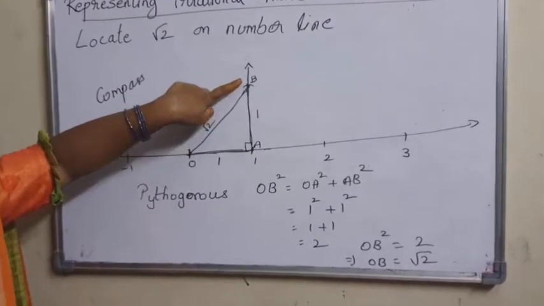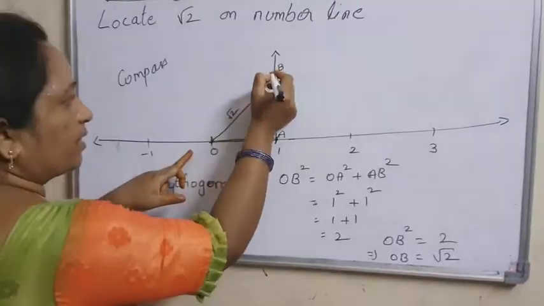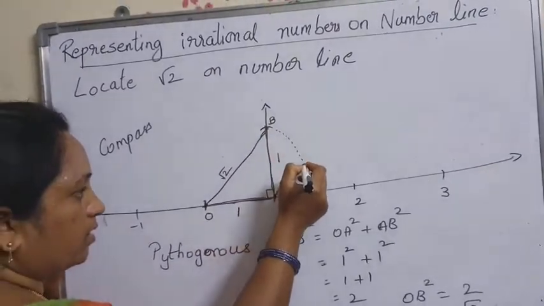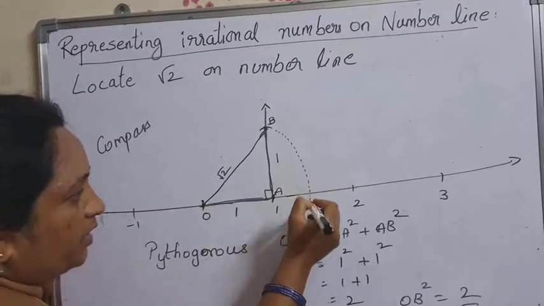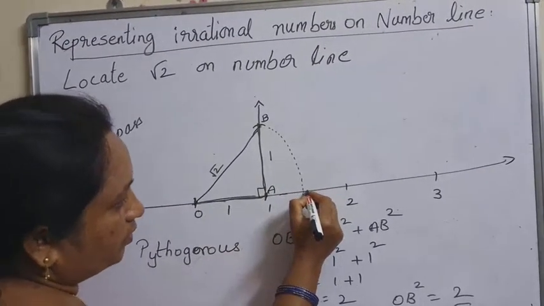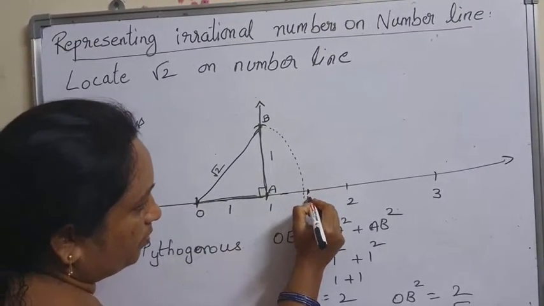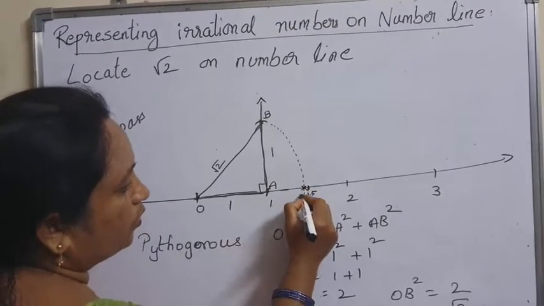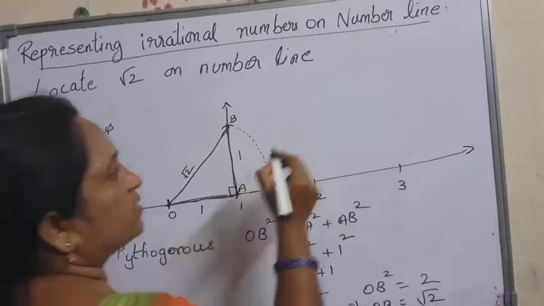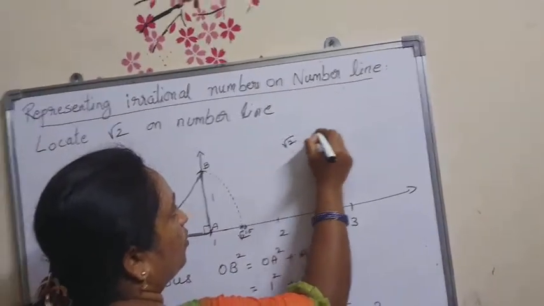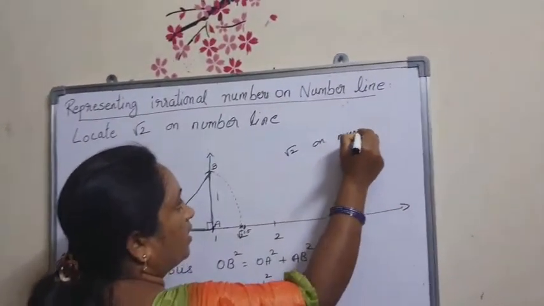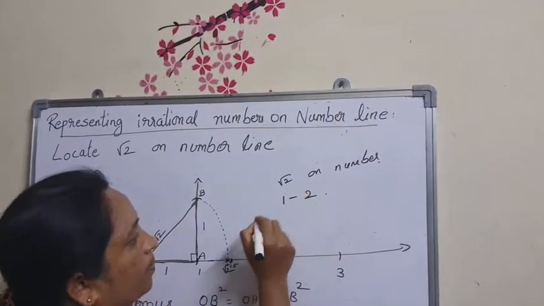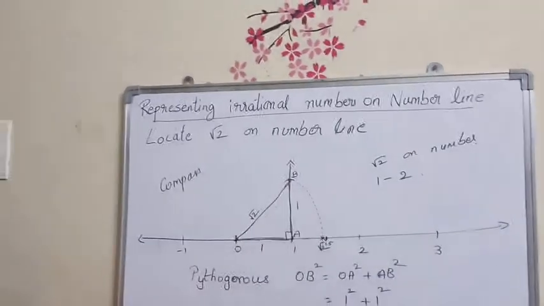Adjust your pencil point to B, and from here just mark, extend this arc. It falls somewhere here. This is the point where your root 2 is located. So hence we have shown root 2 on the number line. Root 2 on the number line lies between 1 and 2.